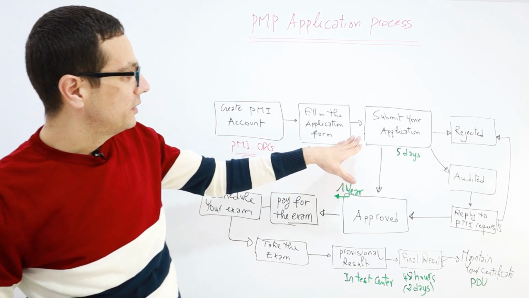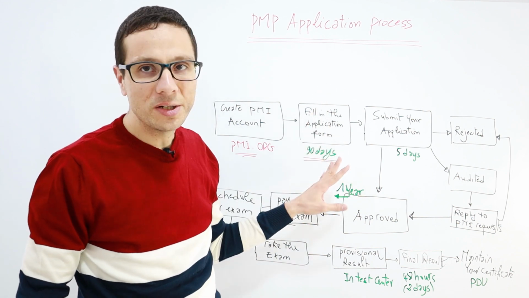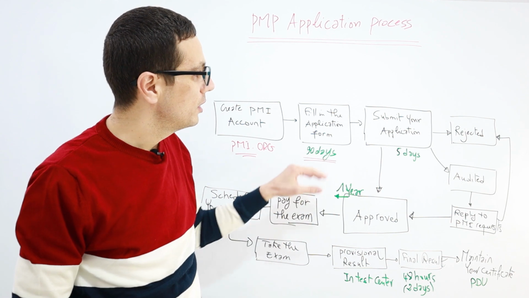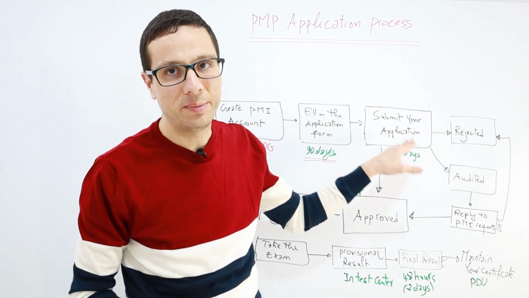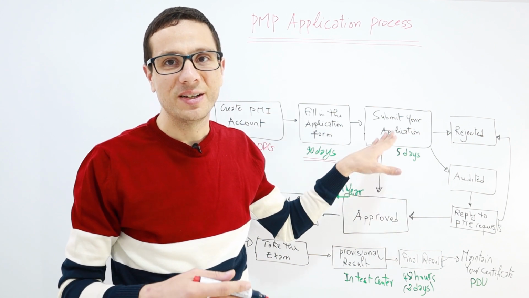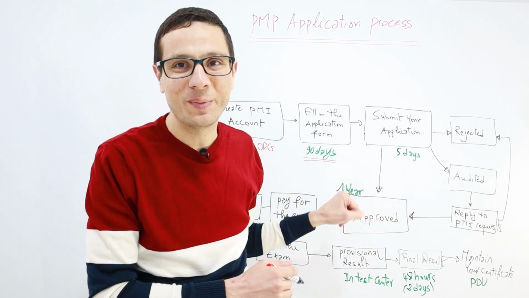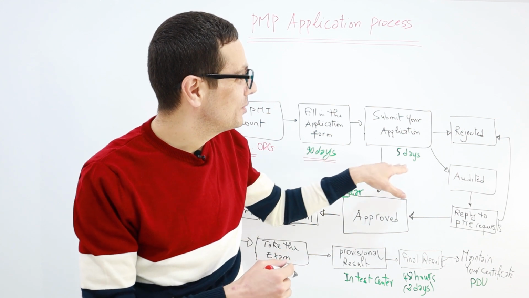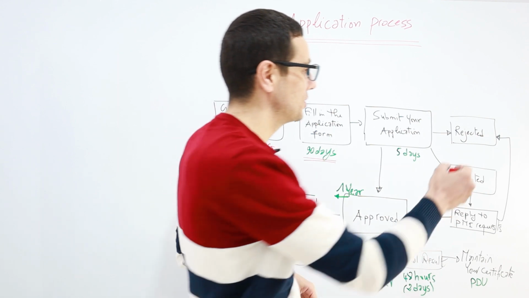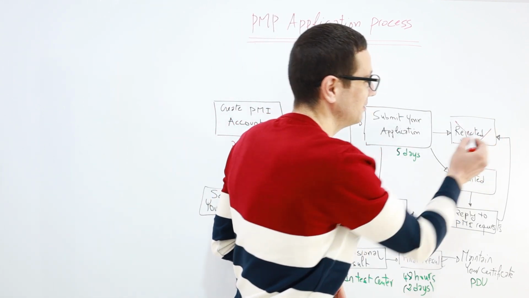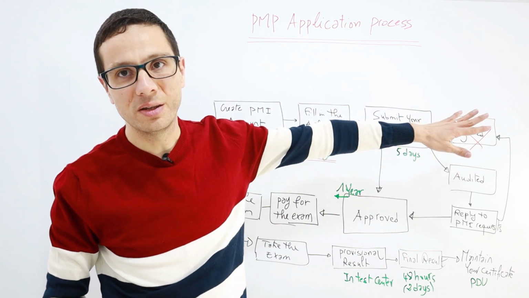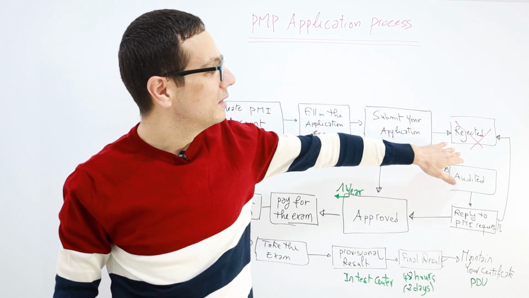Once you fill in the application and it looks ready and you fulfilled all the conditions, you click on Submit the application. And once it is submitted, you just sit and wait for the PMI decision. The PMI decision could be either a direct reject. This is a rare case where PMI rejects the application right away.